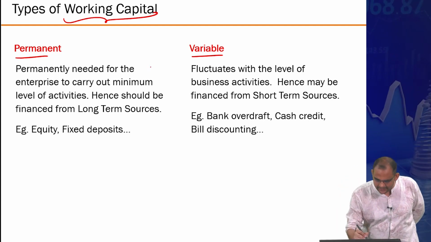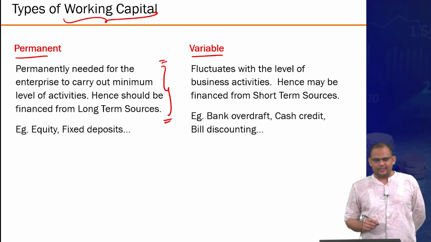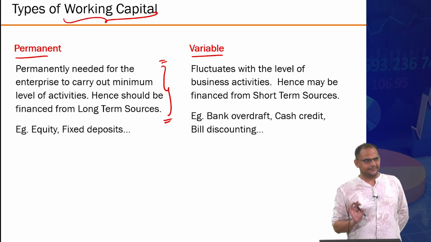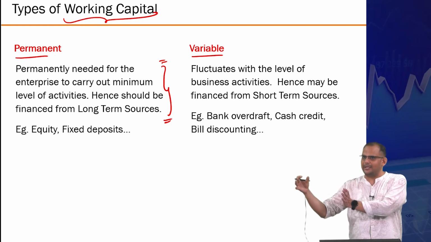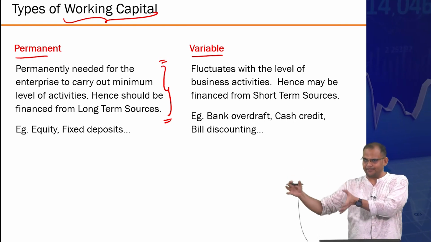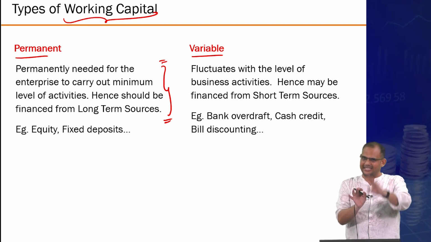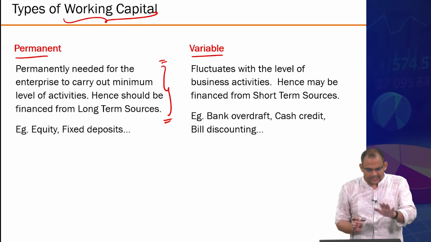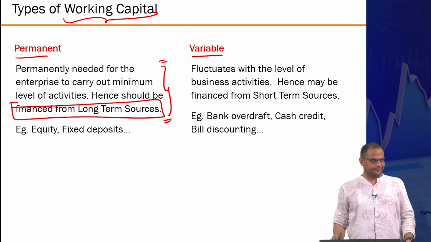The permanent component of working capital is what an enterprise needs to carry out the minimum level of activities, right? These activities are all individually solvable in a year's period, but these are more or less anticipated levels of activity, so this much working capital you will require no matter what you do. So consider financing them through long-term sources.